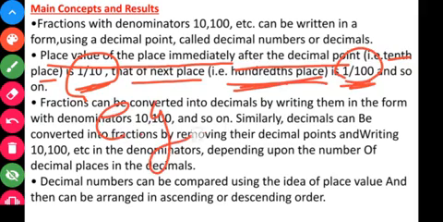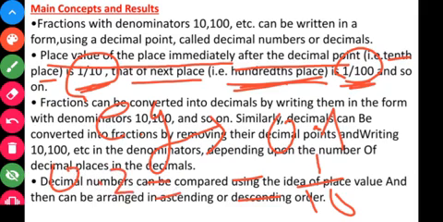For example, the place value of 0.1 is 1 by 10. Okay. The place value of 0.2 is 2 by 10, because one decimal place is given.